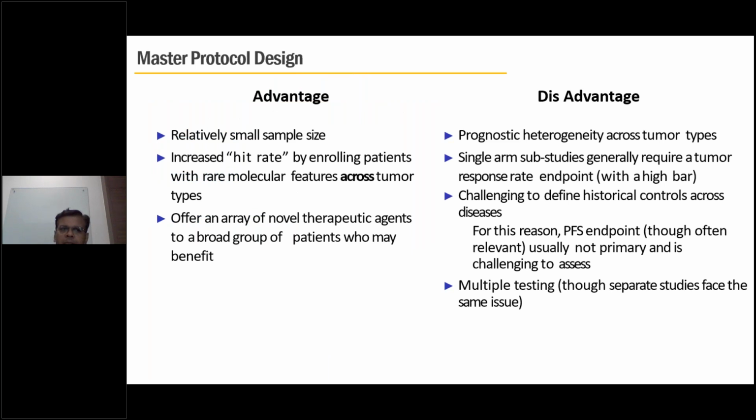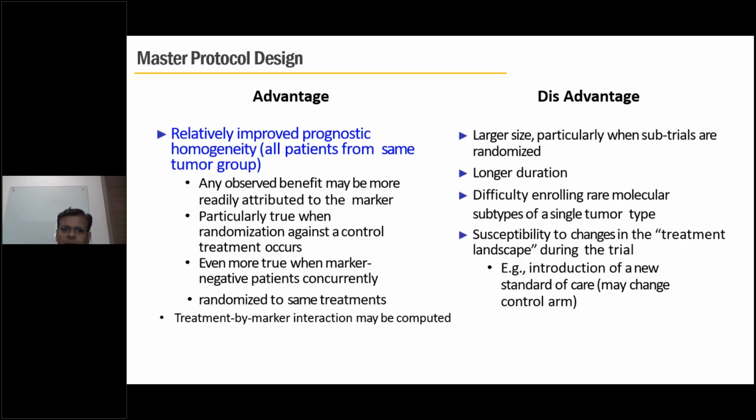When we come to this master protocol design, we definitely have an advantage with respect to smaller sample size. The hit rates are higher, so you tend to get a hit very fast. The problem is that it is usually a single-arm study, and we typically don't get to compare it with anyone at that point of time. So multiple testing and such studies definitely face several issues. Another important advantage is with respect to prognosis and other aspects.